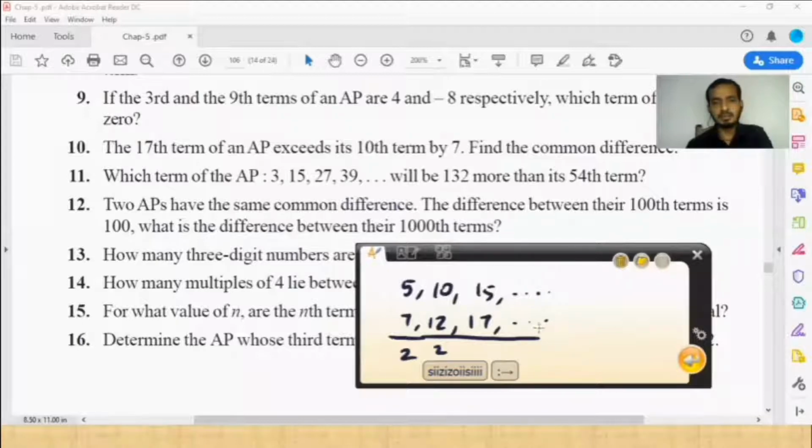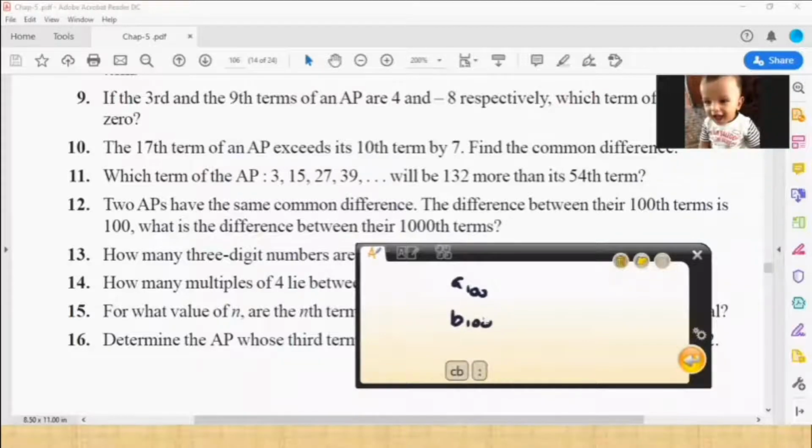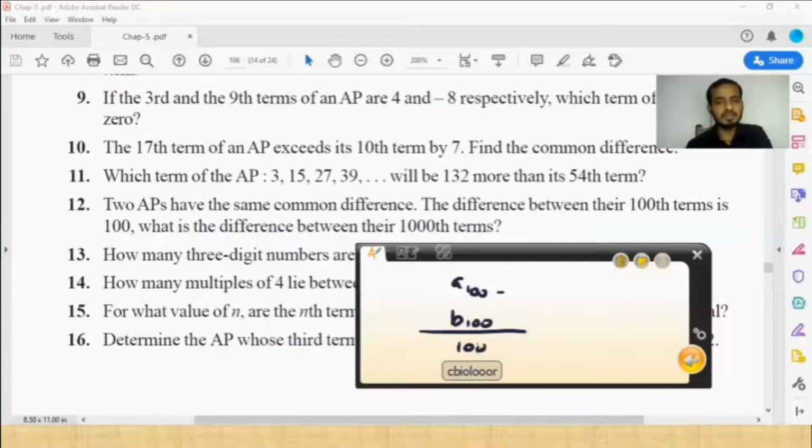So in this given problem, the first sequence we can denote by A, so A100, and the second sequence we can represent by B, so B100. The difference is given as 100.